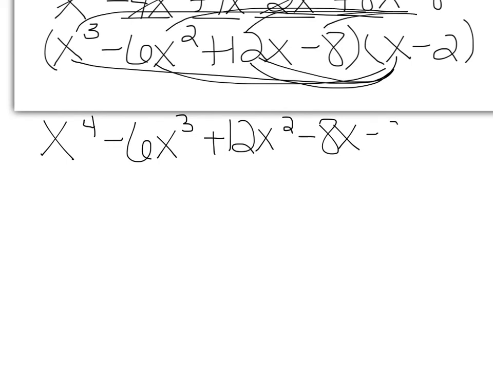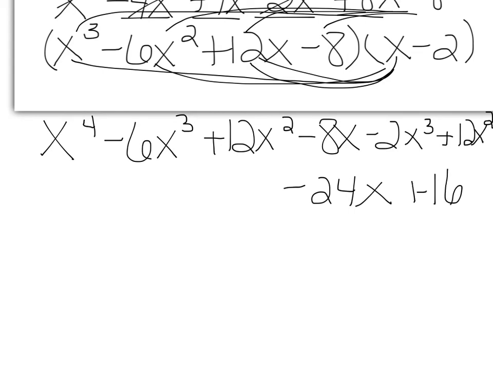So that's going to give us minus 2x cubed plus 12x squared. I'm running out of room here. Minus 24x plus 16. So I started to run out of room there.